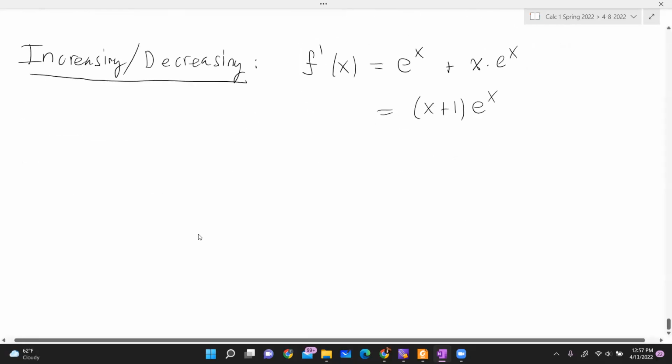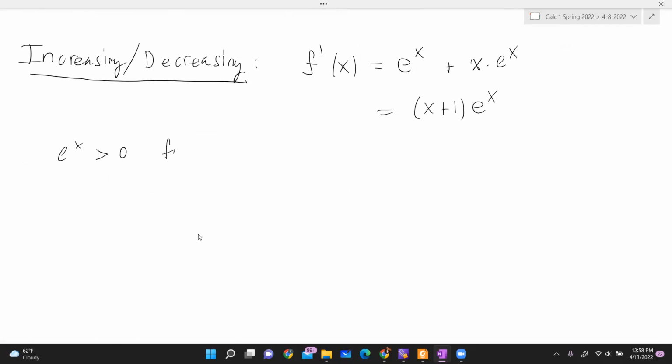Now e to the x, as I noted above in our proof that the function is not an odd function, is positive for all x, for every x in the real numbers. Remember, this symbol just means in.